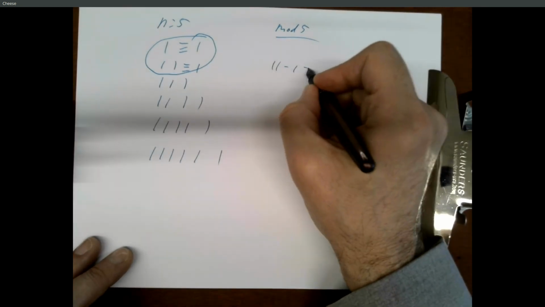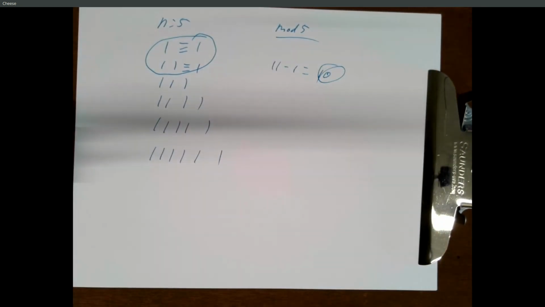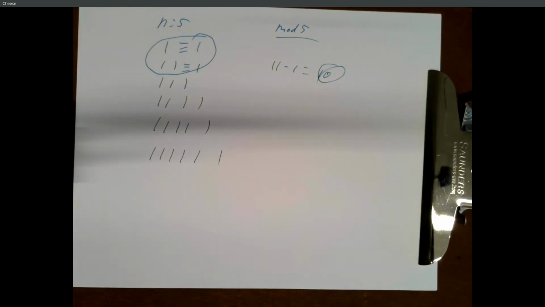So 11 minus 1, that's just 10. That's guaranteed to be a multiple of 5. But I happened to pick a case earlier where we had to do all 10. So that's a kind of weird application of the Pigeonhole Principle, right? You wouldn't think it would come out of a counting argument, but it does.